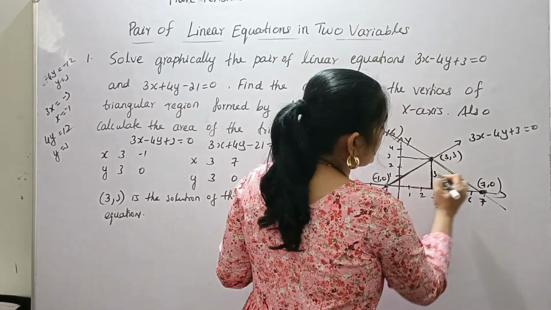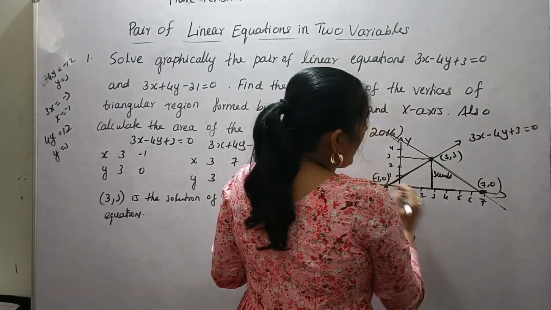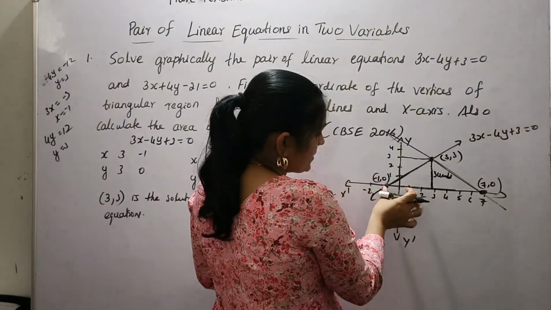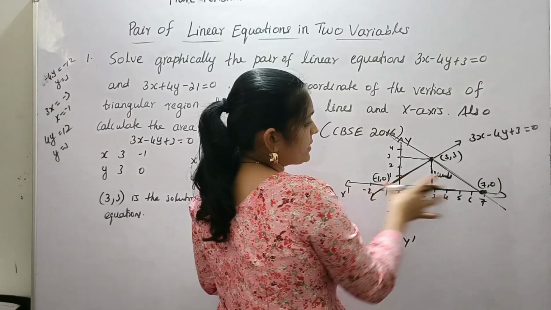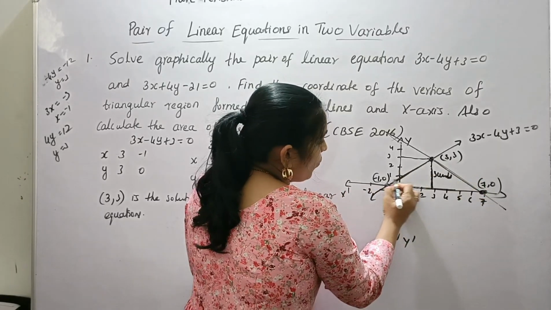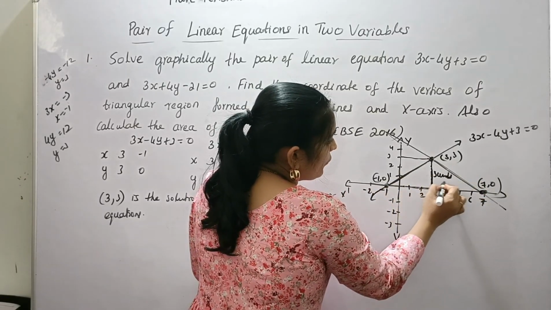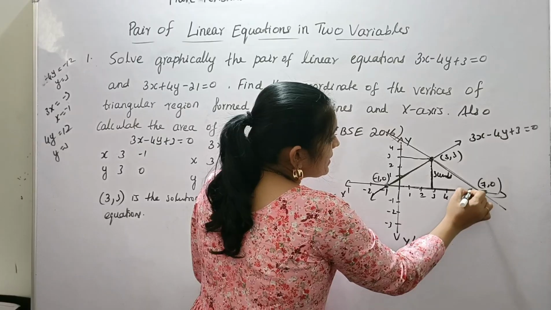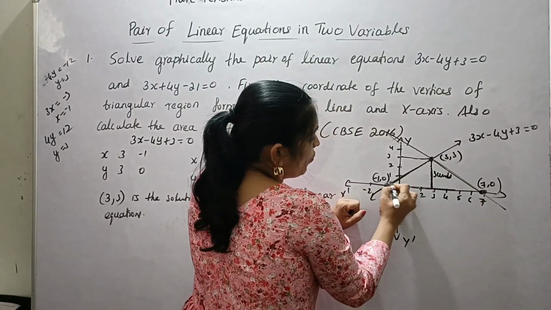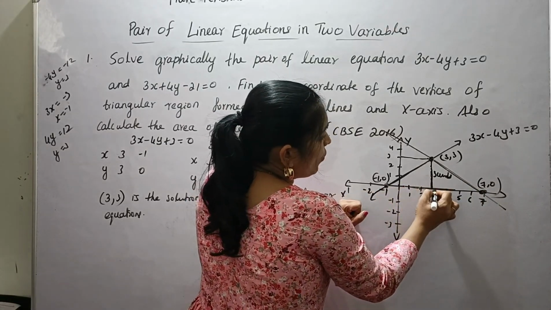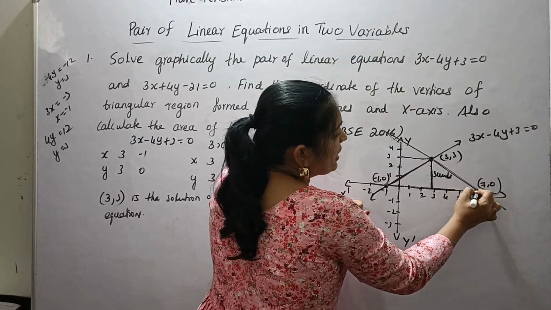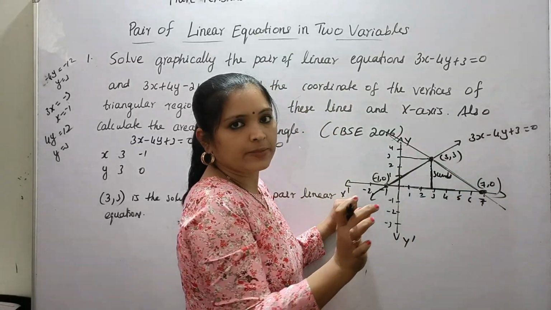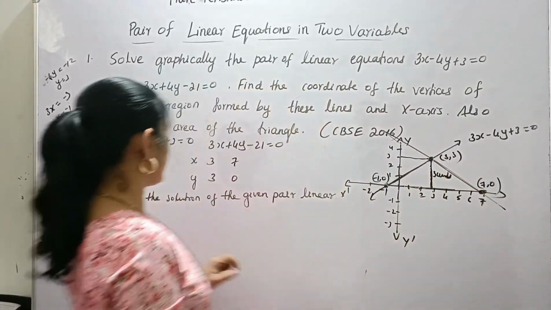The length is 3 units. And the base is this one. Here 1, 2, 3, 4, 5, 6, 7, 8. That is 8 units. Base is 8 units.